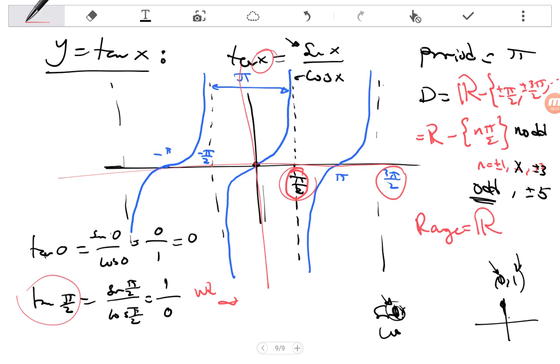What about the symmetry of that function? Is it even or odd or general? It is obviously odd. As you can see here, we have a reflection like this, then another reflection. When you make two reflections like this, the function is odd. And it's also obvious from this expression.